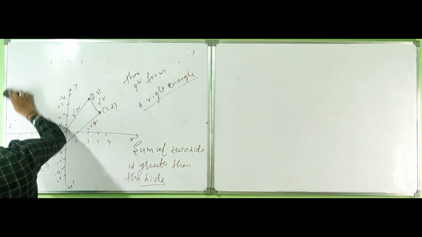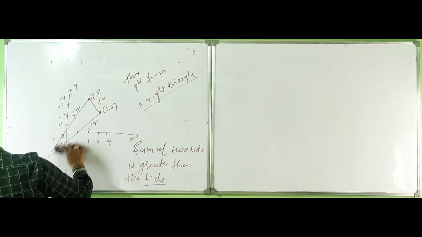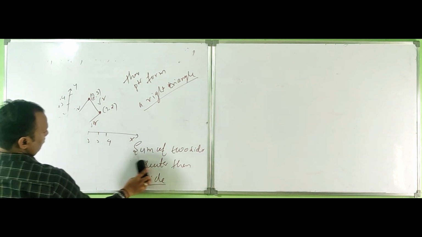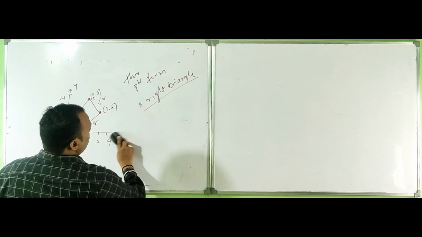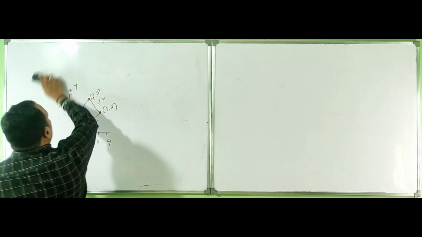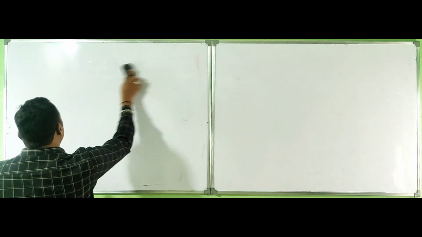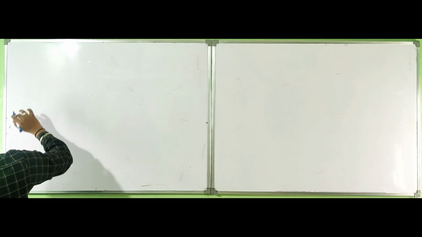Points are 1, 7, 4, 2, minus 1, minus 1 and minus 4, 4.